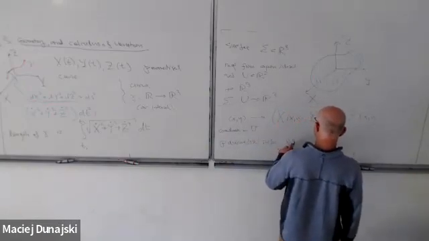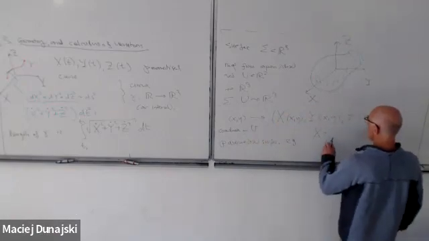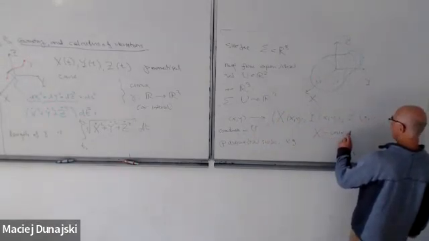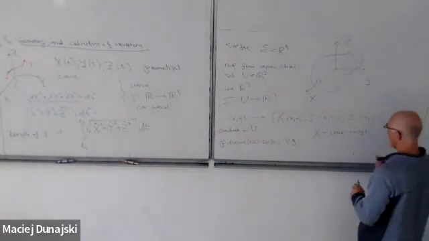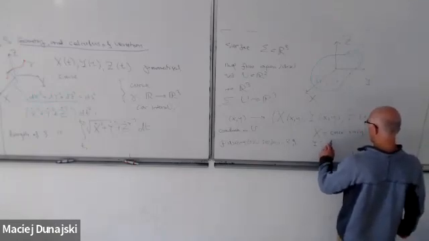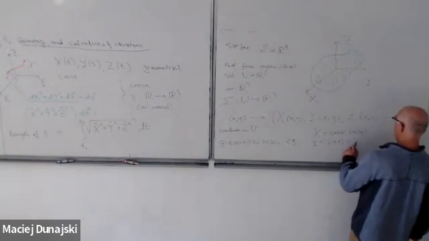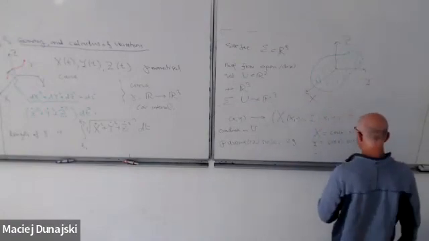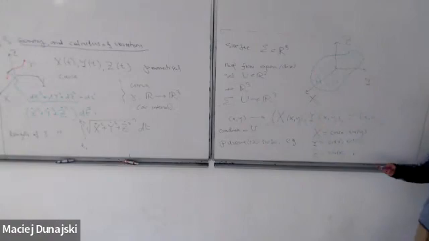For example, if I take capital X to be cosine of little x, sine of little y, and I take capital Y to be cosine of little x, cosine of little y, and I take capital Z to be sine of little x, then what surface do you think it is?